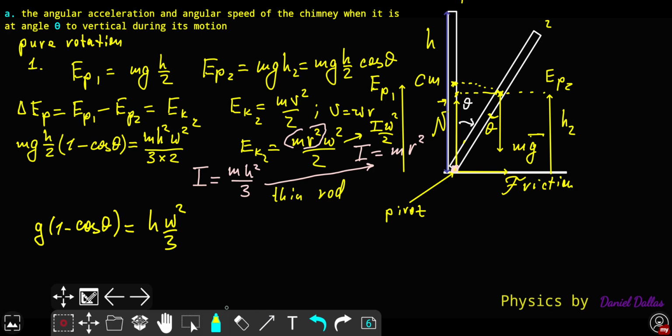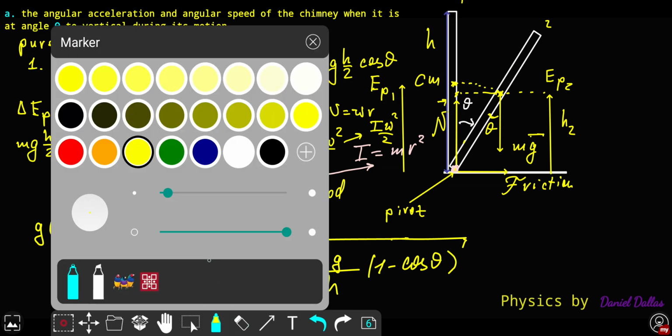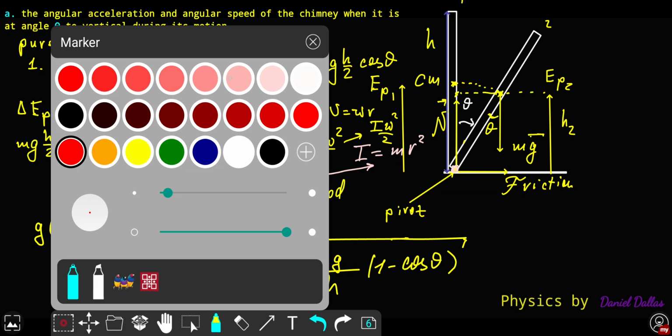From where we can express omega, all right? So let's express omega as the square root of 3g over h times 1 minus cos theta. Let's analyze for a while. That's the final expression for omega, so I just rounded up.